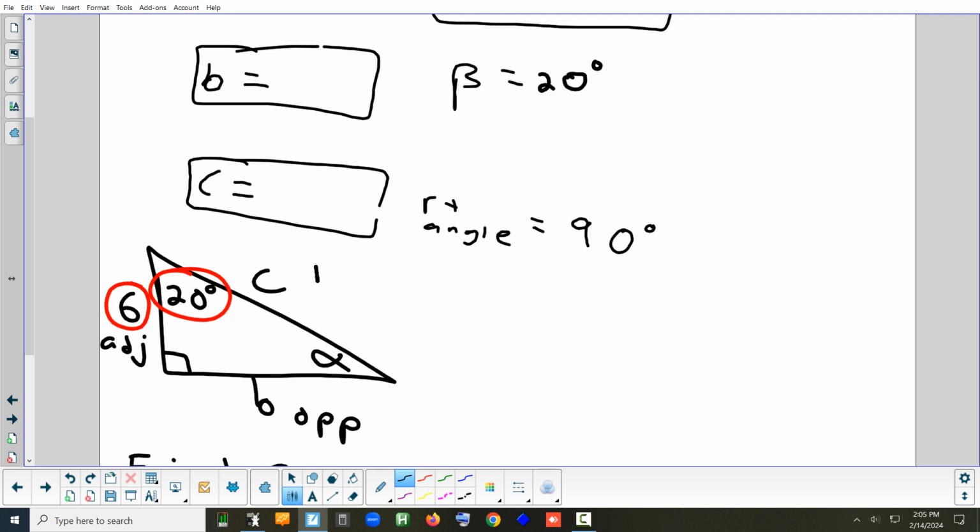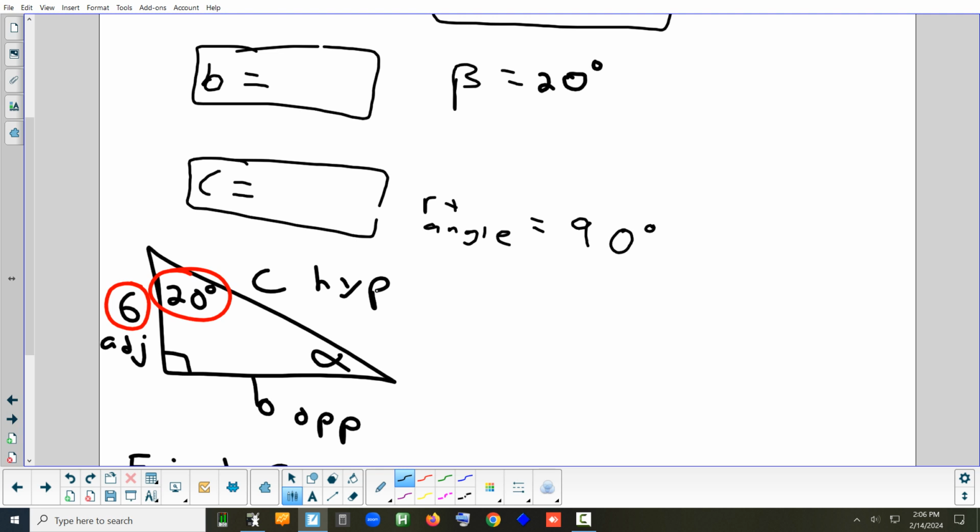It's always the hypotenuse. Okay, so we're trying to find side C. That's the hypotenuse. And where is the side we were given? Right, 6, and it's adjacent. So we know adjacent. We want hypotenuse.